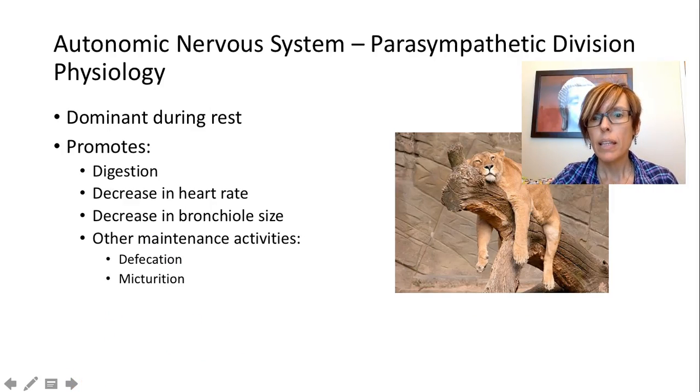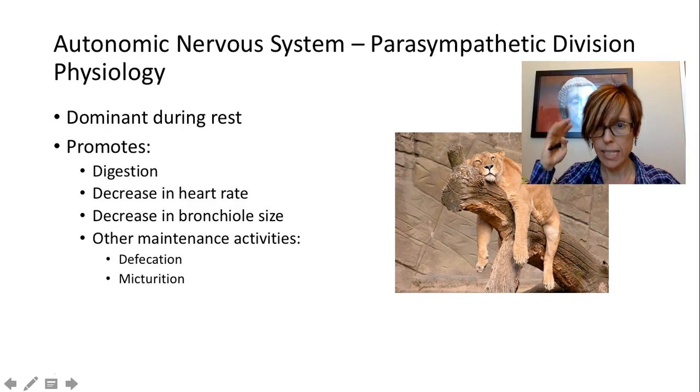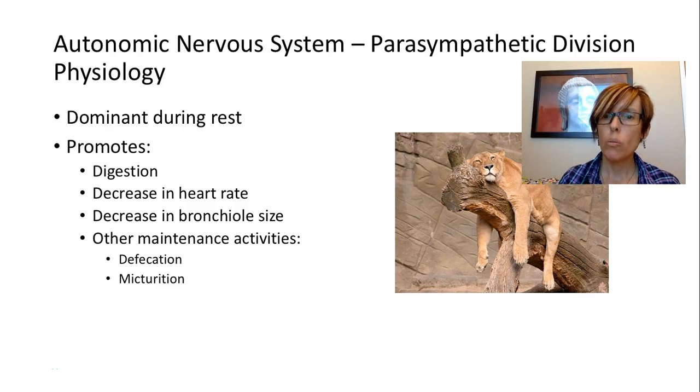All right. Now, in parasympathetic, that's going to be exactly the opposite. The parasympathetic nervous system is the system that's going to be dominant while you're at rest. So right now, you're hopefully at rest. Nothing is trying to eat your brains or anything. So your parasympathetic nervous system is what is active. If you've eaten something, there's plenty of blood going to your digestive tract, you're digesting your food.